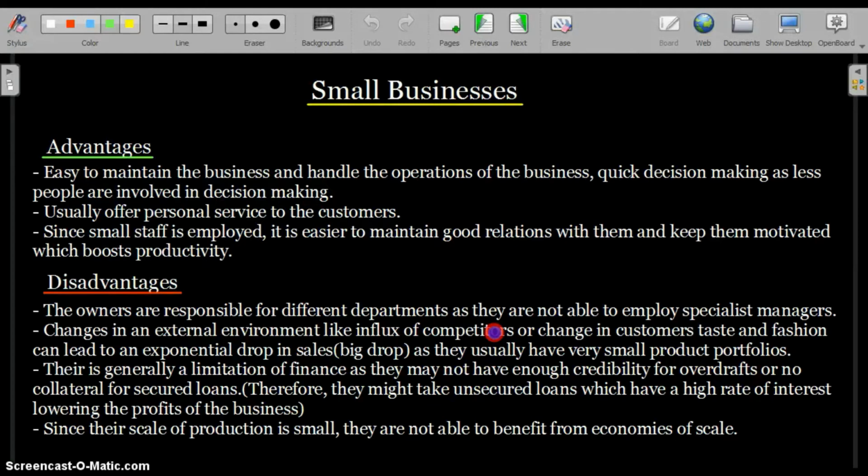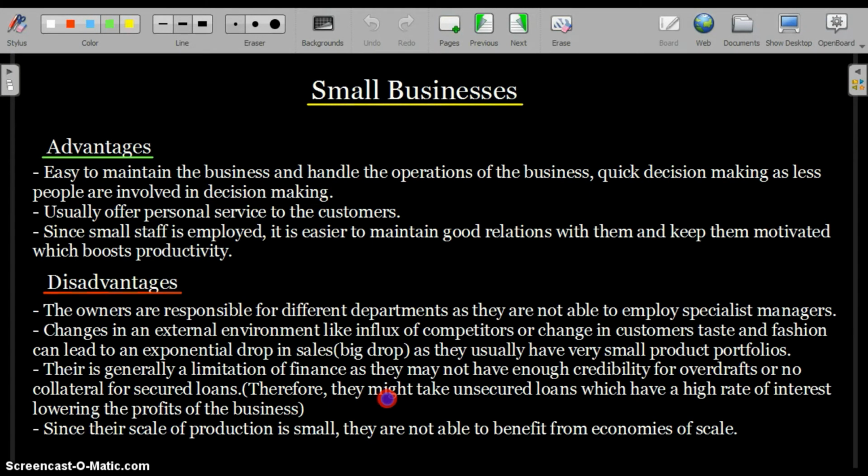And there's also the point that there's a big limitation of finance when you're comparing it to large businesses, because they don't have enough credibility for overdrafts, and they don't have any collateral for secured loans. Therefore, they might take unsecured loans, which have a high rate of interest, lowering the profits of the business.